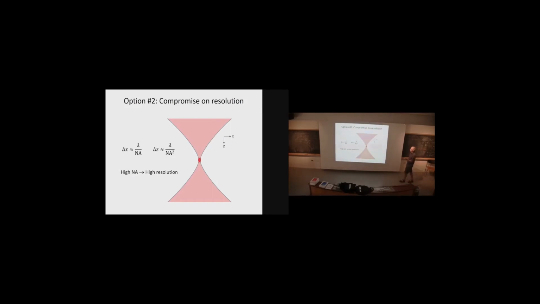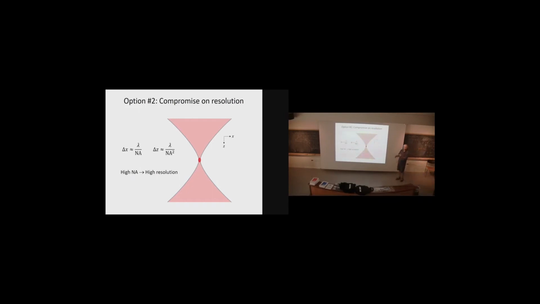Well, the resolution of your microscope is defined by the standard classic laws of optics, of a lens. The resolution in a transverse direction depends on the wavelength, and it depends on the range of angles that you're using to create your focus. It depends on the NA.